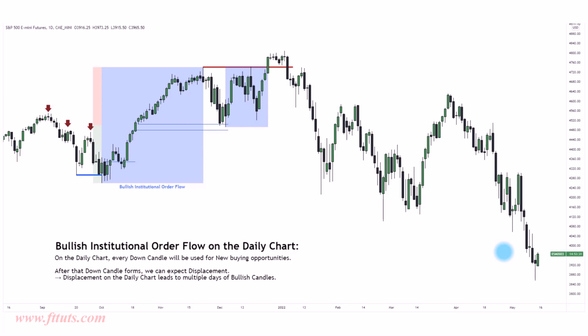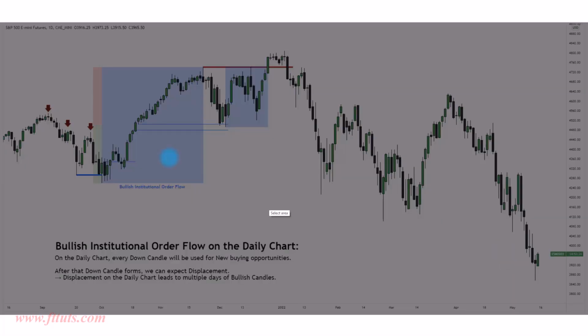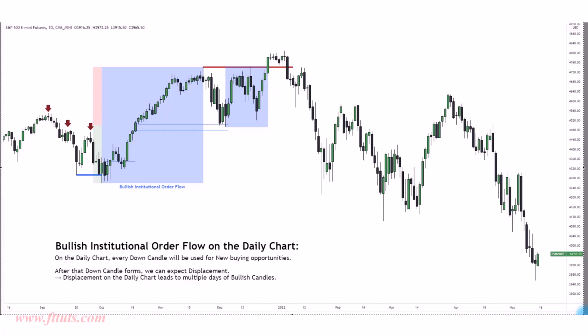Let's talk a little bit more about bullish institutional order flow on the daily chart. Once we have that long-term low in here, we start looking for bullish institutional order flow. What is bullish institutional order flow on the daily chart?